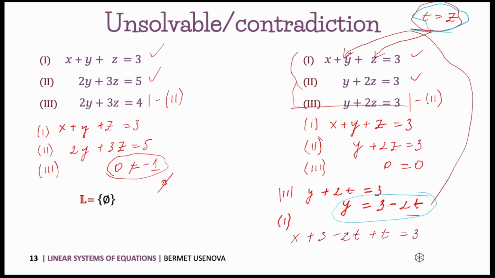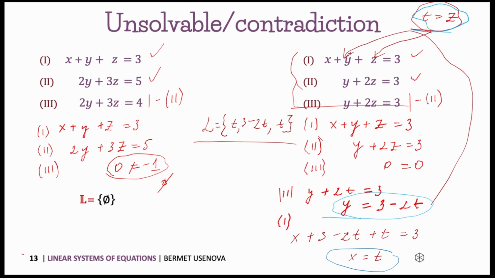So now we can find out that x is equal to t. And the solution set for this system will be t, 3 minus 2t, and z is also equal to t. So this will be our solution set. And thus we have infinitely many solutions. t is any real number.